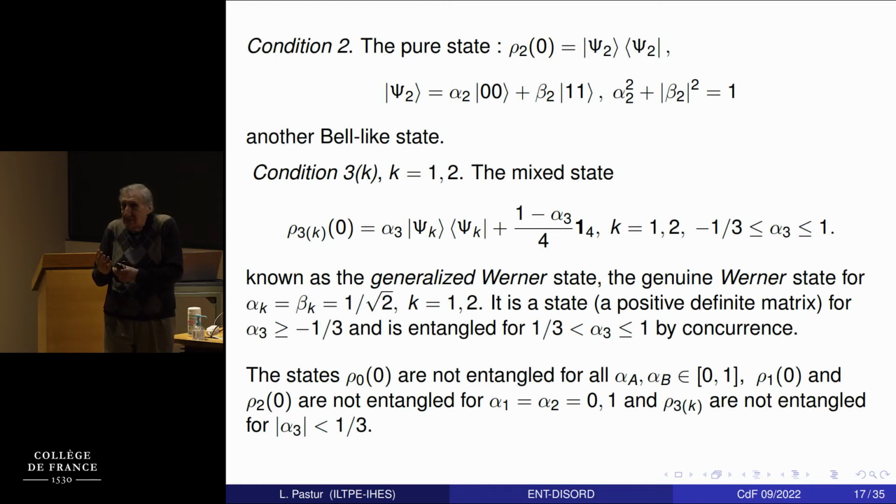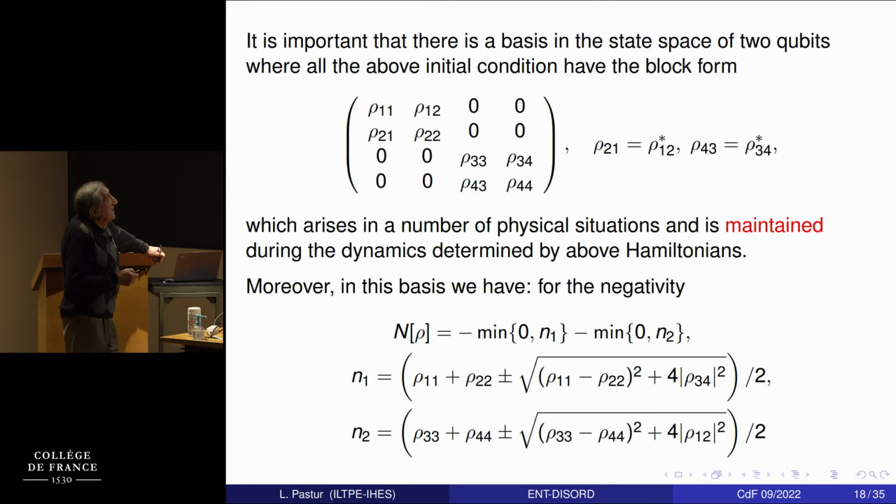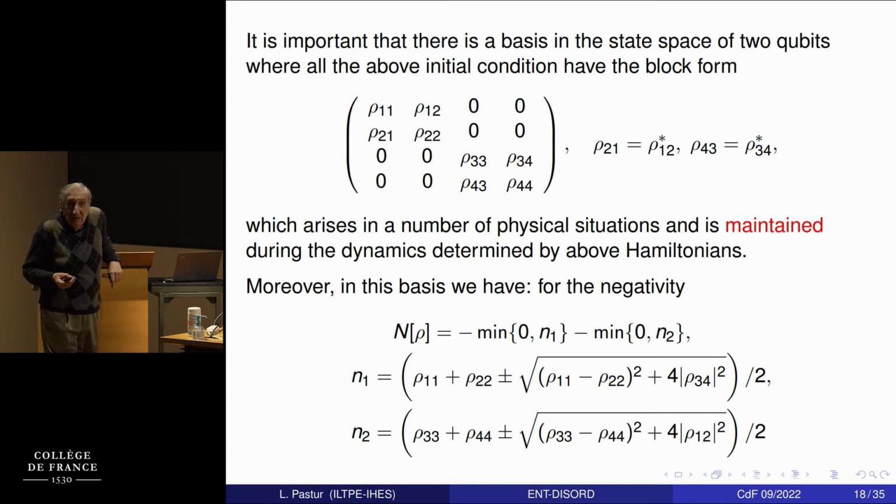Since you are in a 4x4 space, you just redenote your basis vectors 1, 2, 3, 4, in a convenient way. And then, if you write all the density matrices that I have written, you see that they are block matrices, which is somehow helpful to us.